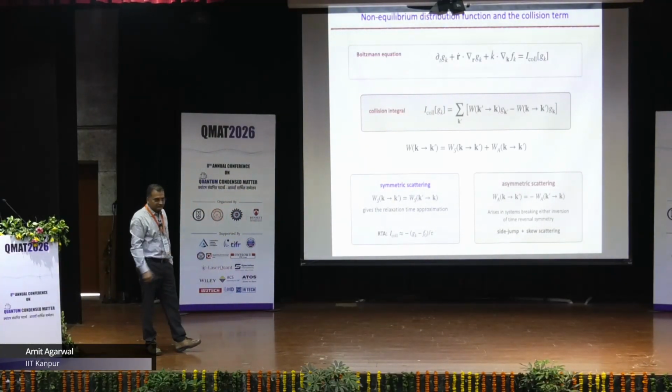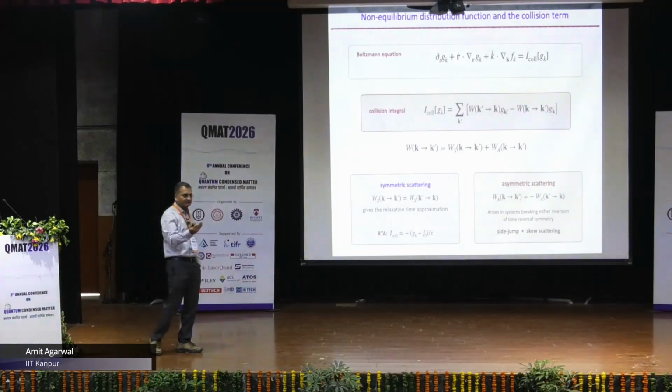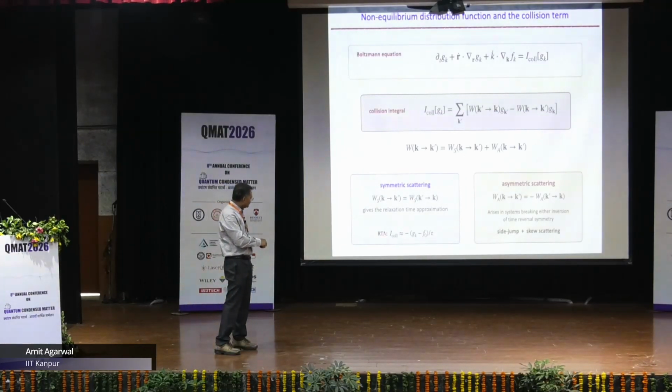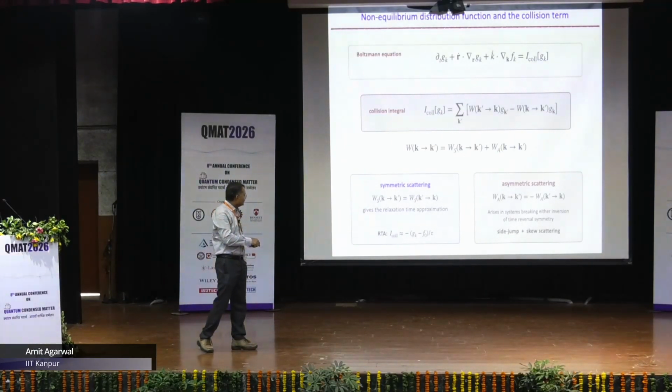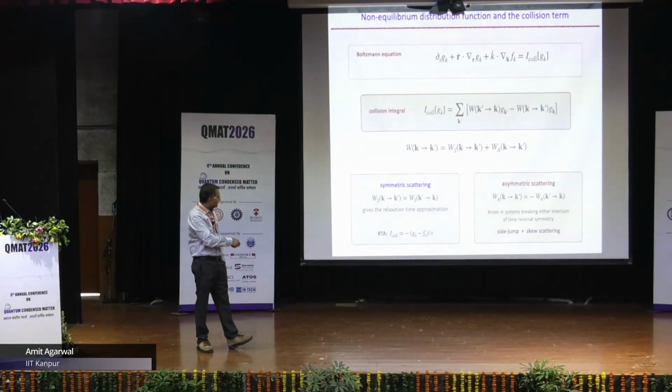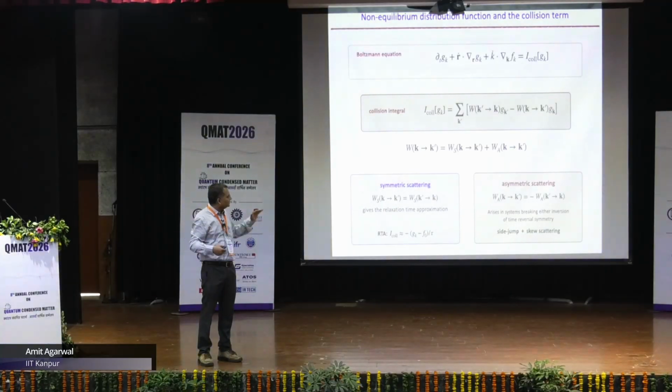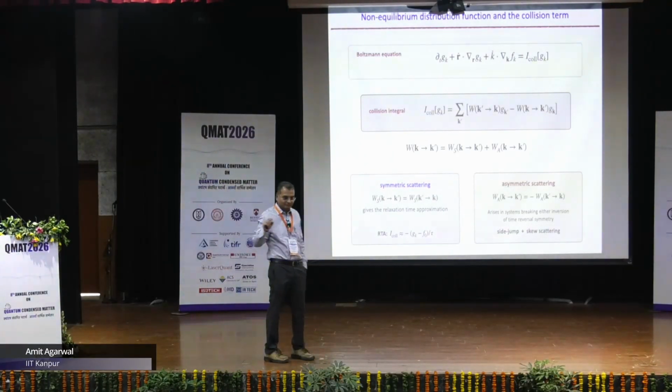And a common approximation that you can make to just make calculations easier is what is called the relaxation time approximation, where this integral we approximate by the change in the distribution function from its equilibrium value divided by the time over which it relaxes, right? If you just put it in that equation and solve just the time dependent part, you can show that the non-equilibrium distribution function exponentially relaxes to the equilibrium value basically.